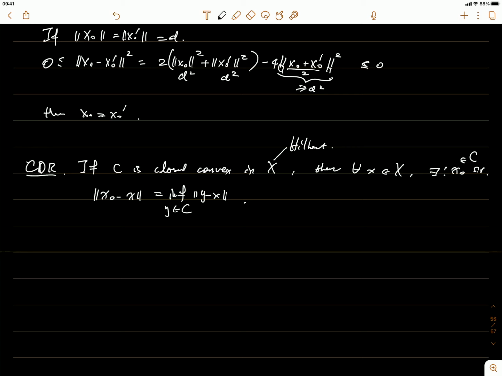Shift everything by distance x, then we'll get this from the previous one.